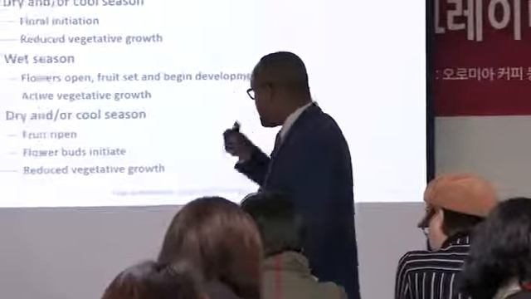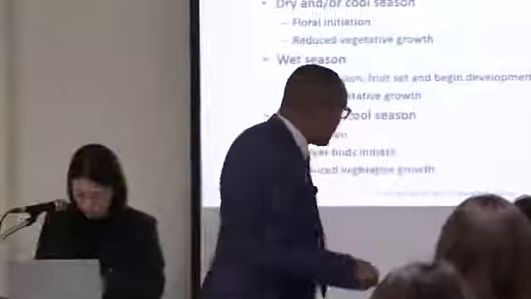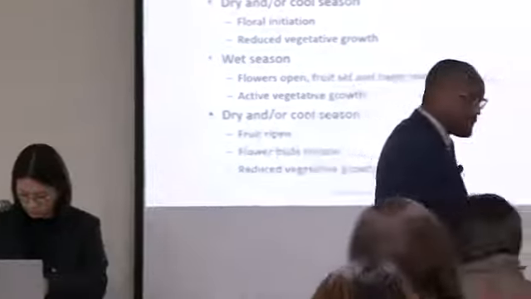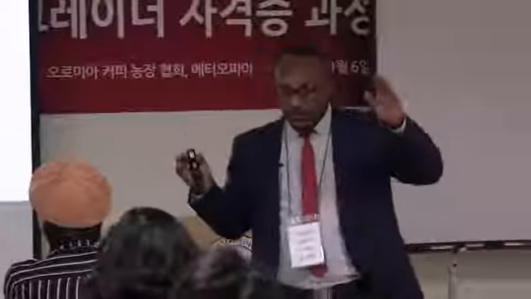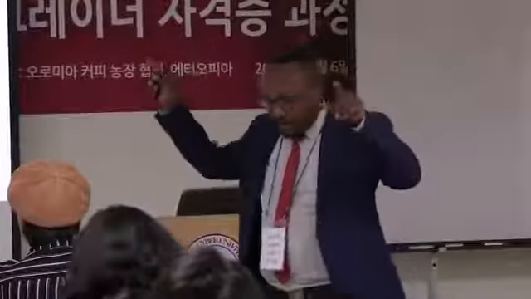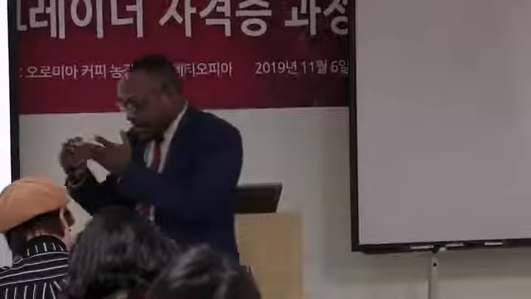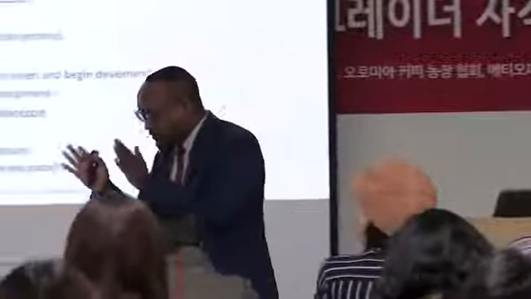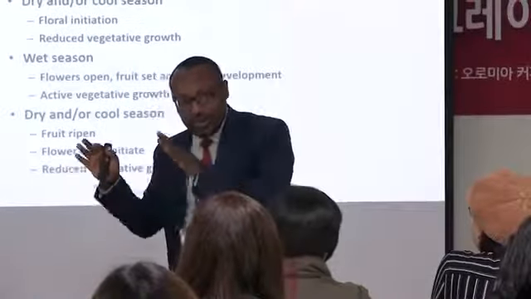The next round, the dry and cool season also is very important for fruit to be ripened. For fruit ripening, we have two seasons. The first one is dry and cool, and the wet season. These two, dry and cool and wet season, are very important for two major cycles of coffee production.